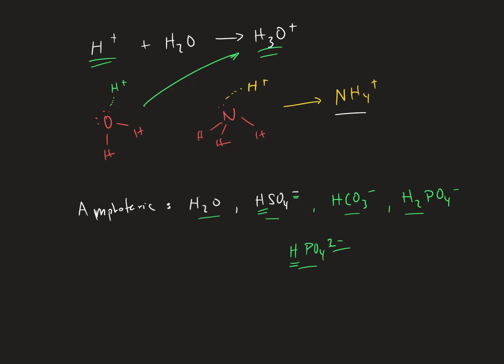Yes, so this is amphoteric, just like this one, because it could give that hydrogen away. If it has a hydrogen ion to give away, it's an acid. If it doesn't, and it has a negative charge, it's only a base. If it doesn't have a negative charge, it's neither. So what about NH4 plus?